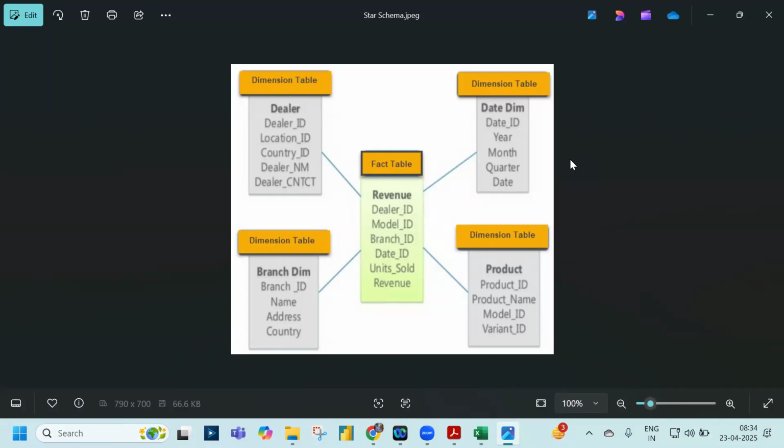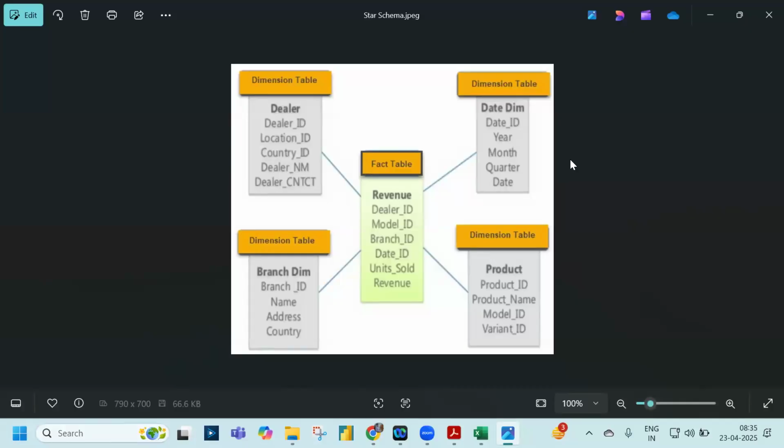Fact table contains what? I told you how to identify a fact table. We can sum it up. Okay, simple. Fact table contains numerical data. Make a note if needed.